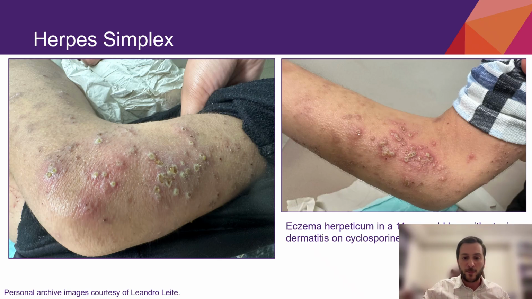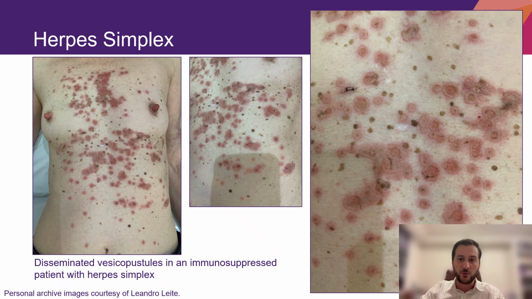Well, this represents another case of disseminated herpes infection. In this patient, she had a systemic vasculitis and she started rituximab, and she developed these vesiculopustular lesions. They were intensely painful, and they had this polycyclic configuration that is typical of herpetic infections.